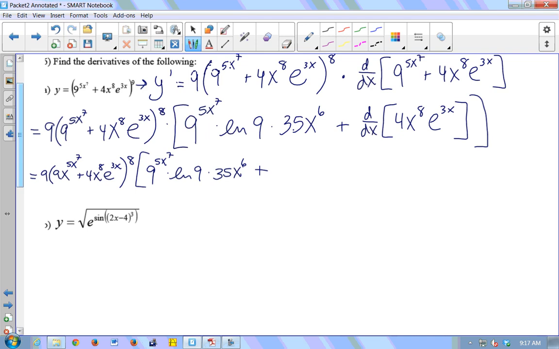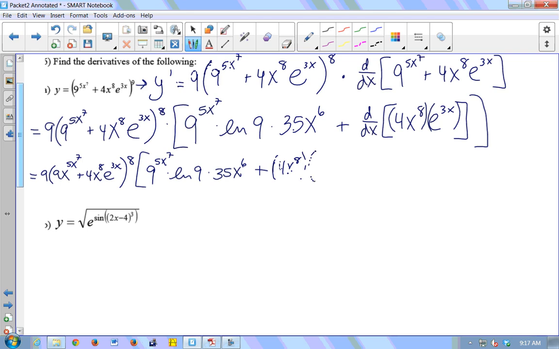Okay, so now I want to take the derivative of this product, 4x to the 8th times e to the 3x. So I'll treat this as 4x to the 8th is my first, and e to the 3x will be my second. So I have first, 4x to the 8th, okay, first times the derivative of the second.